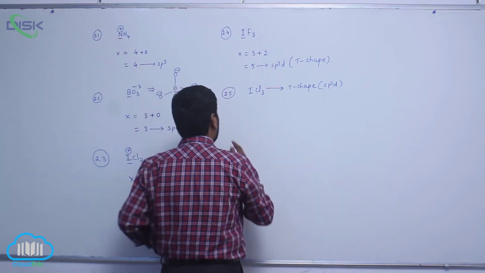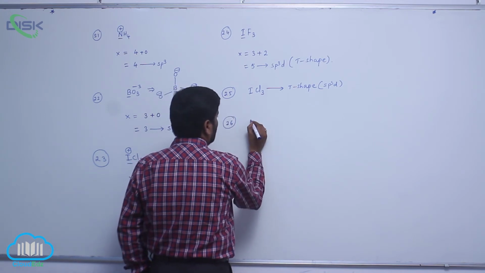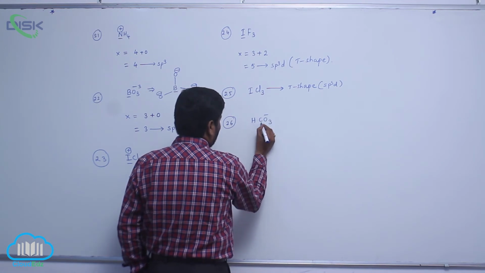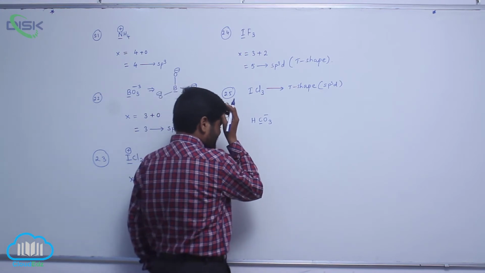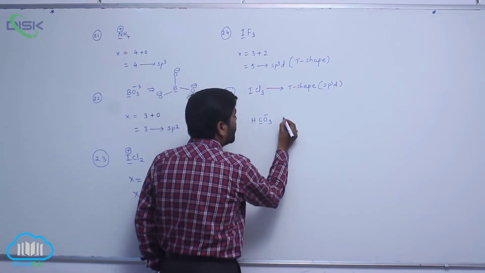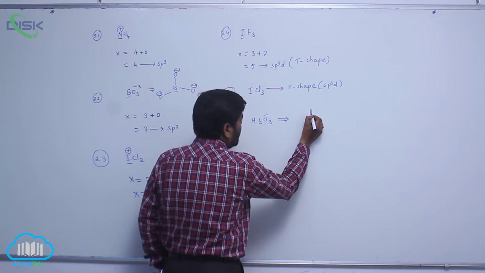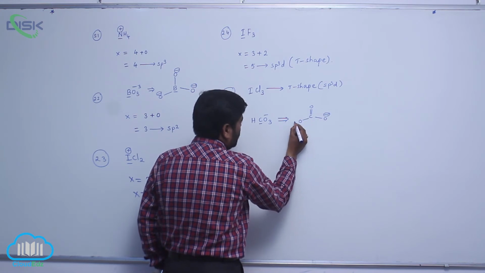Then 26 is HCO3 minus. The central atom is carbon. So therefore C double bond O minus, and OH.